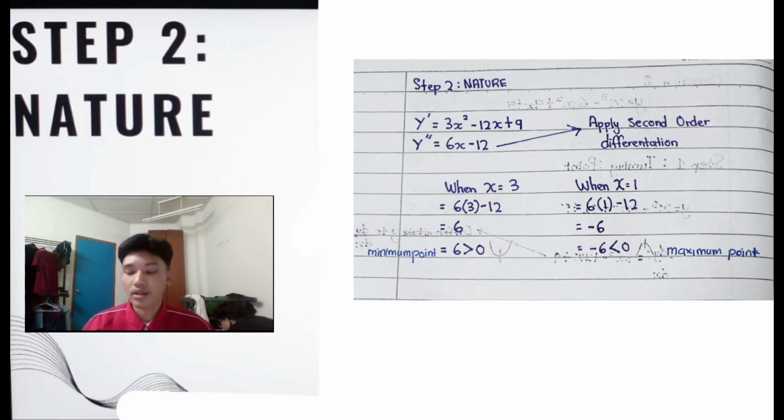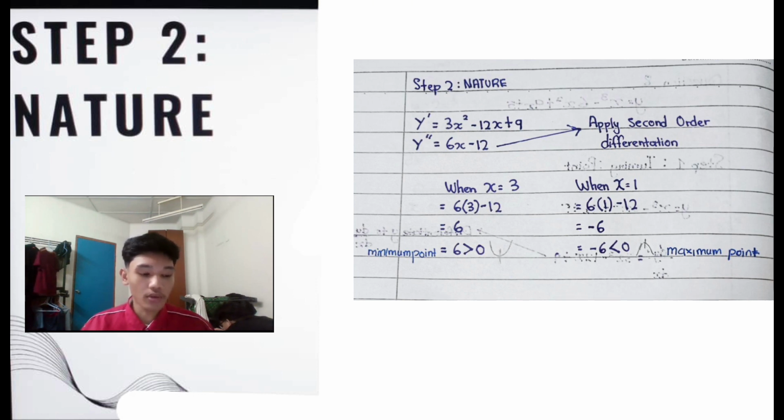From the equation x power of 3 minus 6x square plus 9x plus 5, we apply differentiation. We get 3x square minus 12x plus 9, and then we apply the second order differentiation. We get 6x minus 12.